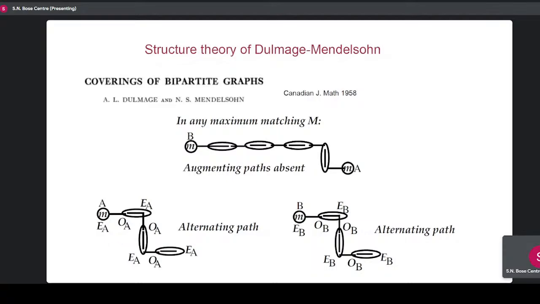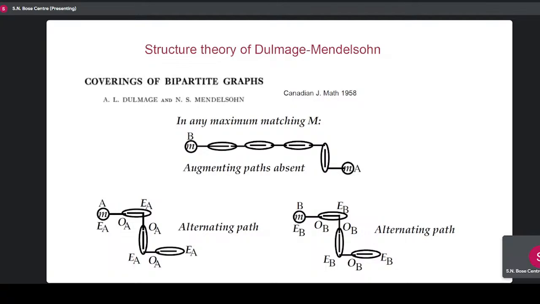This we puzzled over for quite a lot of time, until some computer science and math colleagues at GIFR told us that there's this entire structure theory of graphs. When we looked that up, we found that it has exactly what we need, and the particular version we need is this theorem of Dulmage and Mendelsohn. It relies on taking any maximum matching of the graph, it can be any one, and so there are monomers in some particular locations.